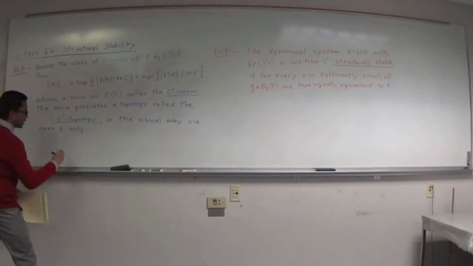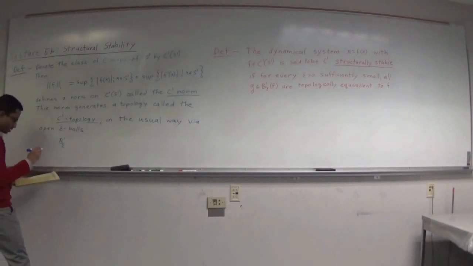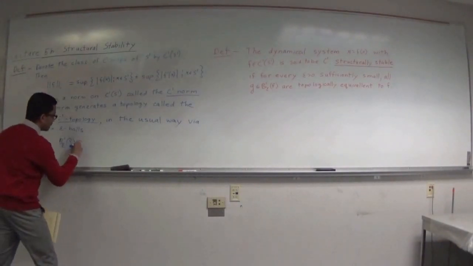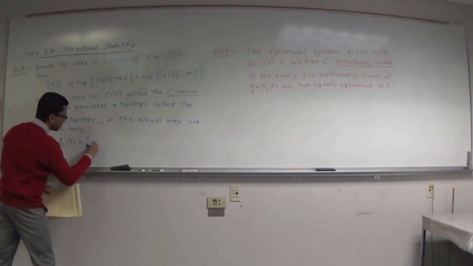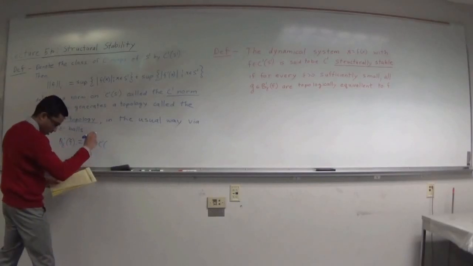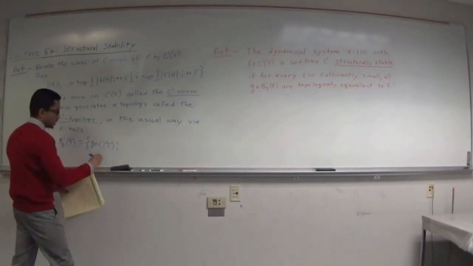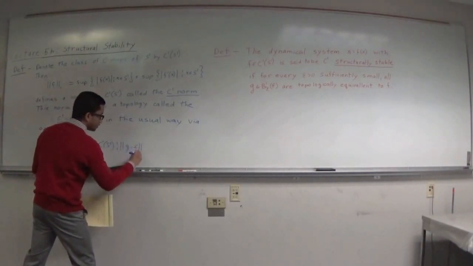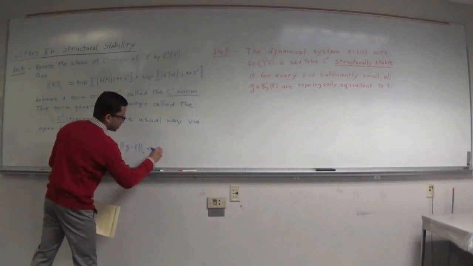And this is the one that's important. B epsilon 1 of f is defined as all g in C1 of S1 such that the norm of the difference between g and f is going to be less than epsilon.